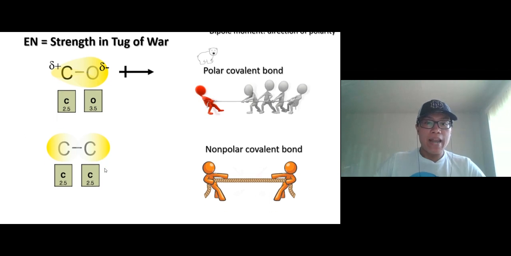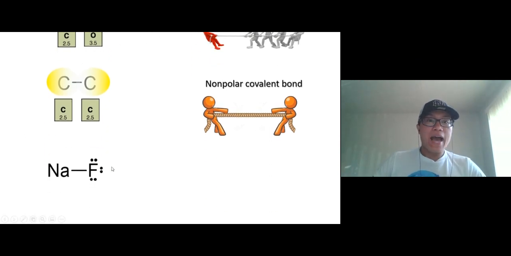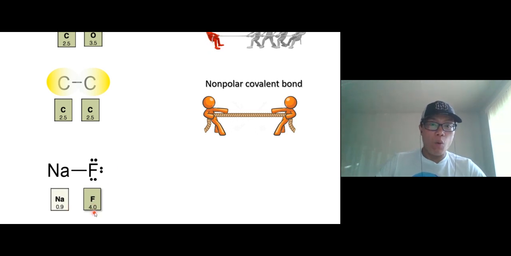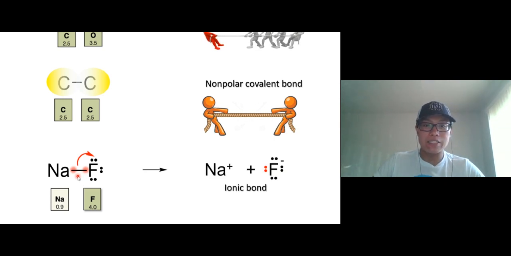Now, one more. In the case that the electronegativity difference is really, really large, sodium 0.9, fluorine 4, the highest and almost the lowest, the electrons right here won't be shared. Fluorine will take away the two electrons in between these two atoms.